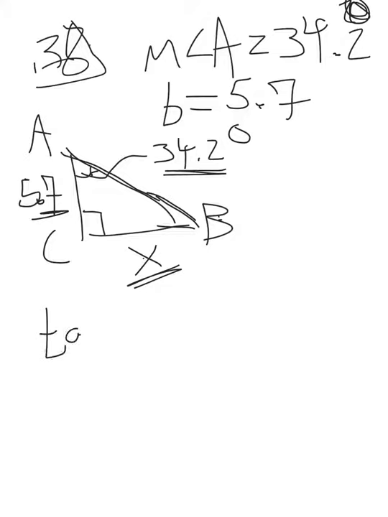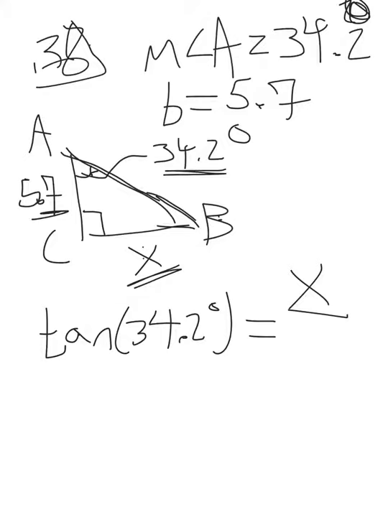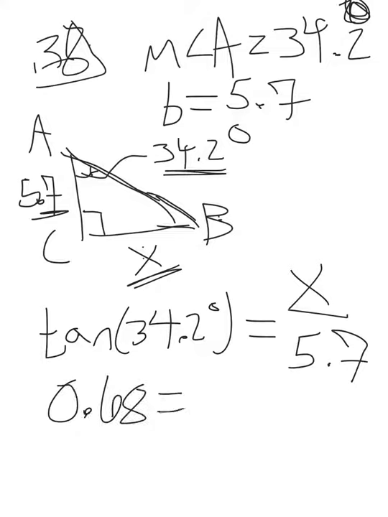So I know that the tangent of 34.2 degrees is going to be equal to opposite over adjacent. Okay, at this point I'm just going to jump to my calculator and figure out what the tangent of 34.2 degrees is. And that gets me about 0.68. And that's equal to x over 5.7. And on the right side, we just see a fraction.